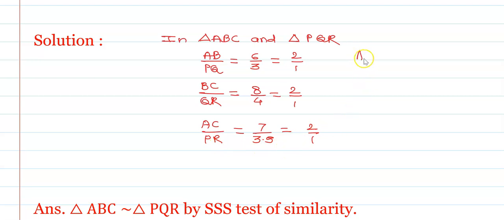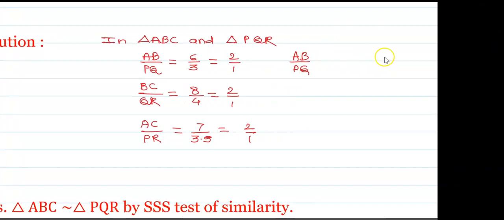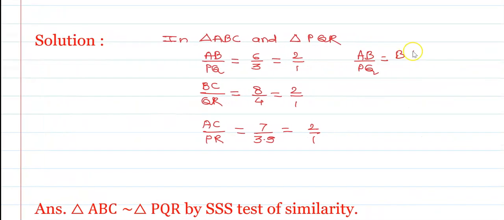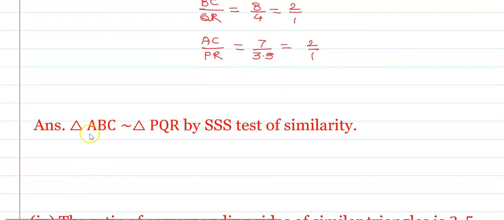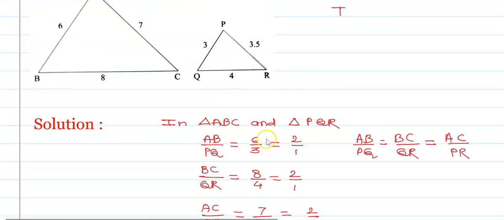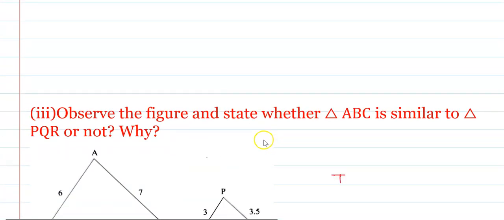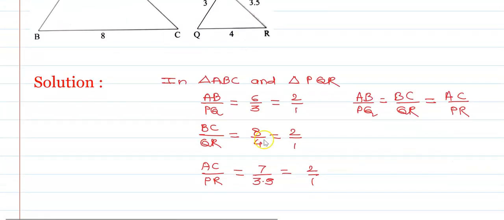Means AB upon PQ is equal to BC upon QR is equal to AC upon PR, and hence triangle ABC is similar to triangle PQR by the SSS test of similarity. So both these triangles are similar. Their corresponding sides are in proportion.